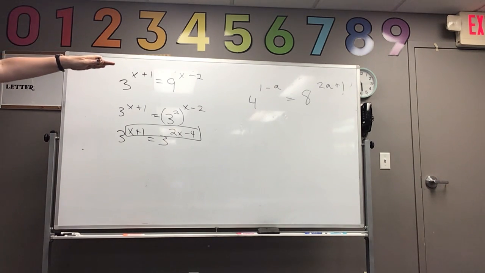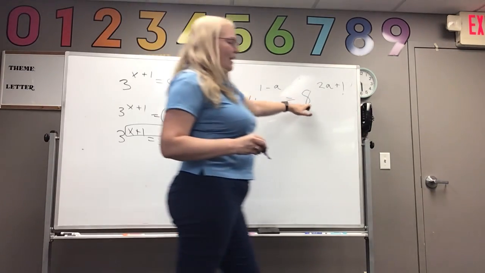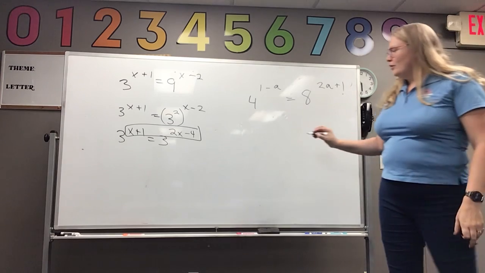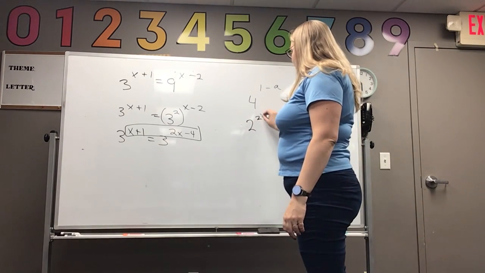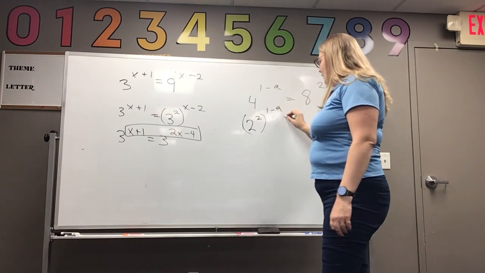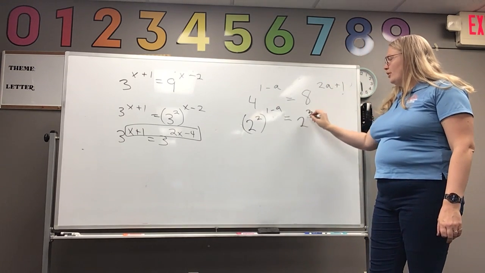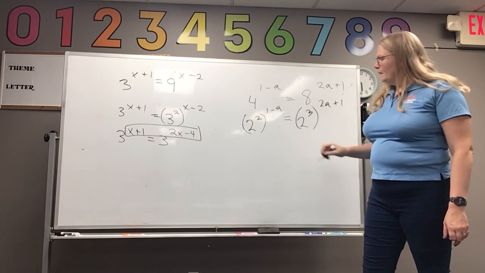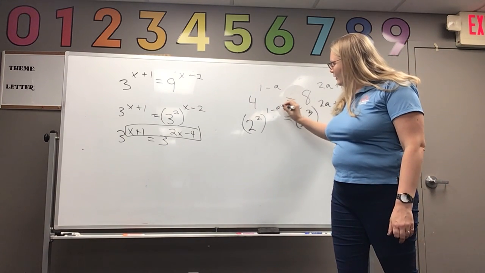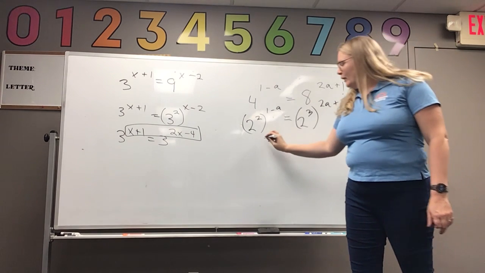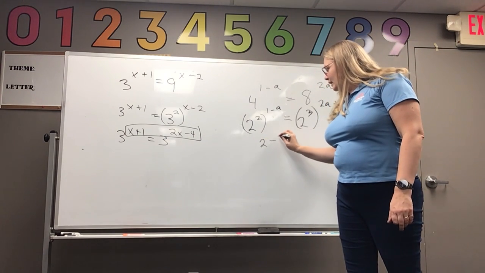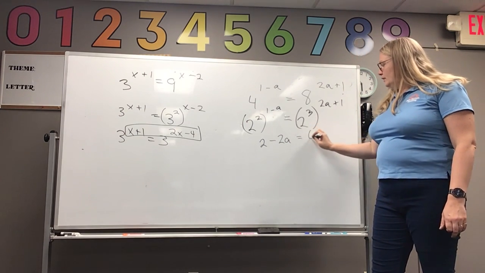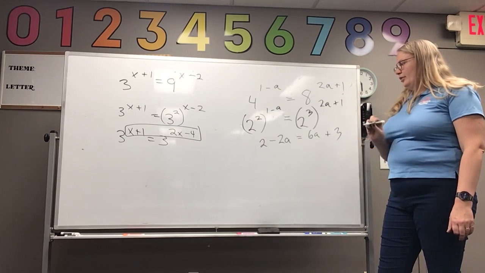The same way on the next one, 4 and 8 can both be written as base 2. And so this becomes 2 squared to the 1 minus a, and 2 to the third, 2a plus 1. And we have, oh sorry, my a is starting to look like a 9 there. So we have 2 minus 2a equals 6a plus 3.